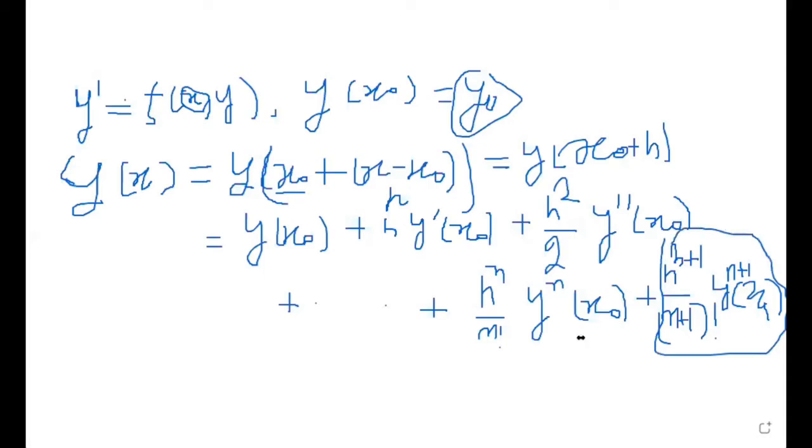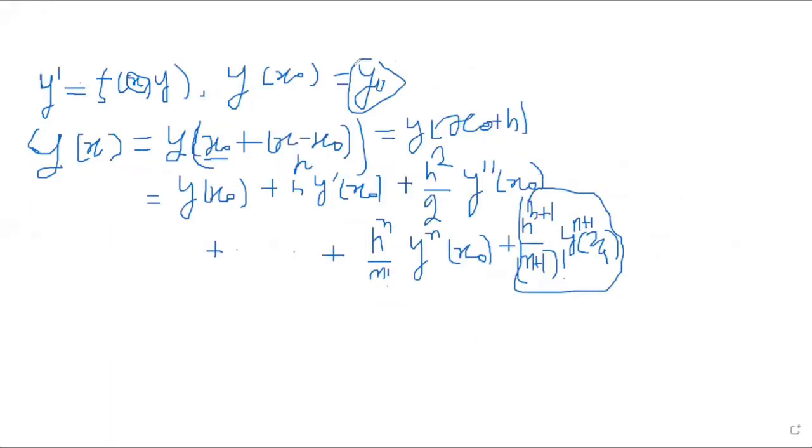Now we will look at what quantities we are aware of in this expression. If we look at the first one, y at x naught is given, am I right? It is known, so nothing to worry because it is given. This is y naught.